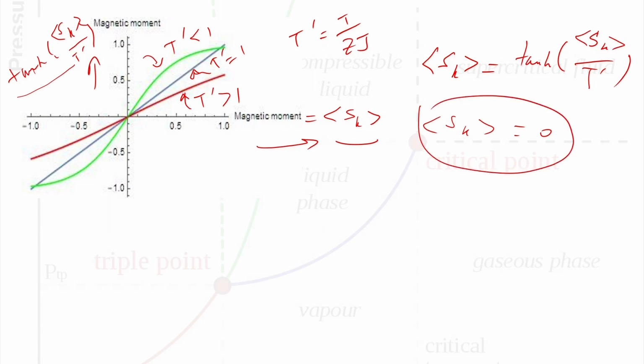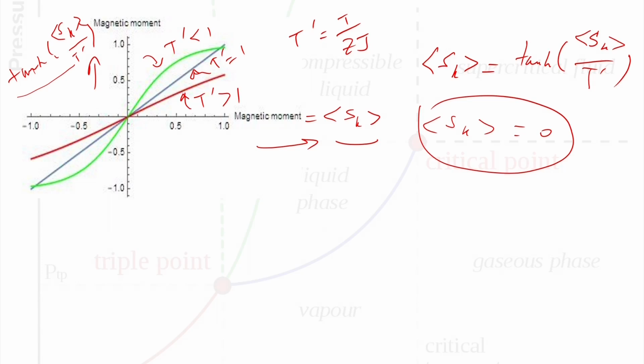That means there is no spontaneous magnetization if the temperature is large compared to Z times J. If the temperature is larger than Z times J, there is no chance of ferromagnetism. So the average magnetization is 0.